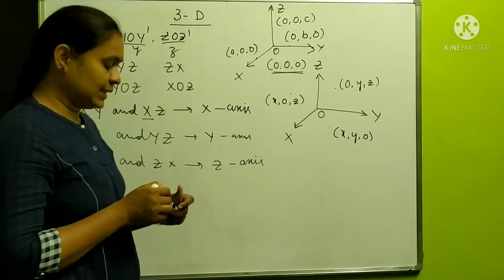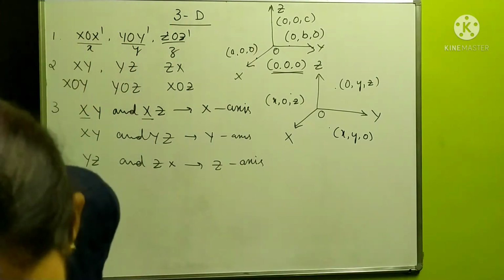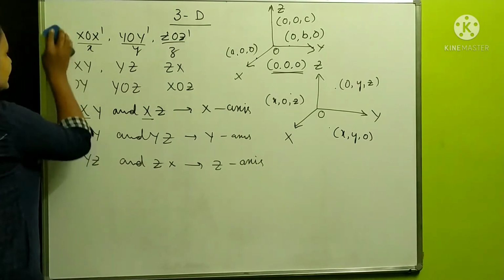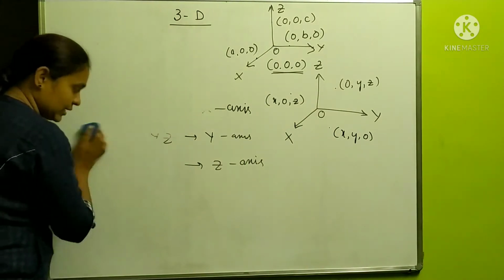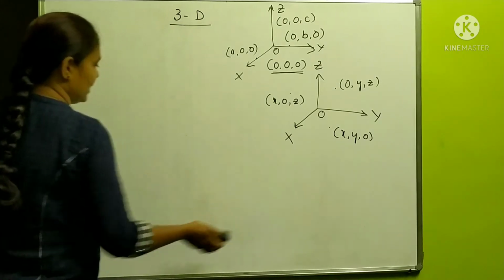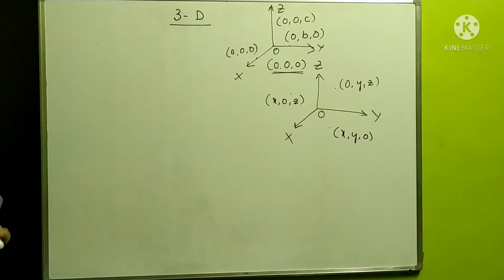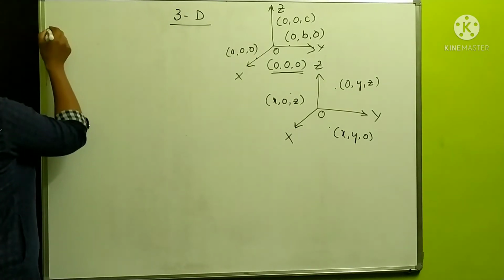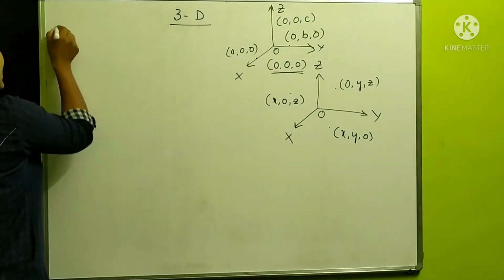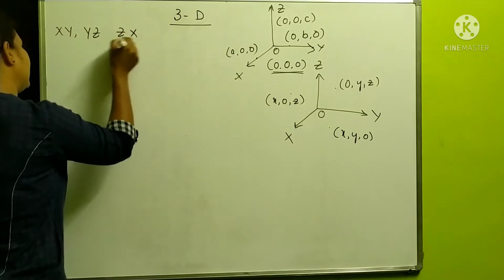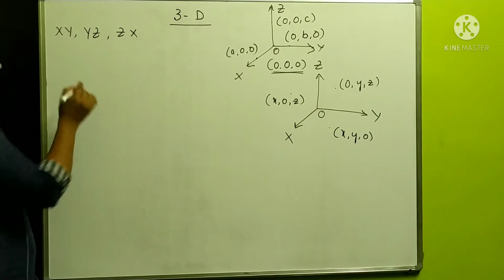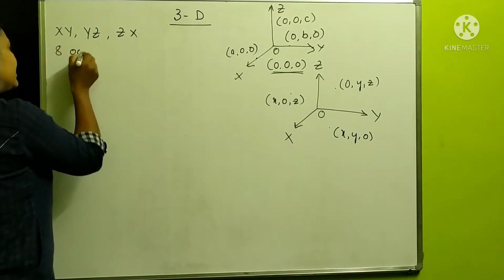Next, I'll move to the equation of the x-axis. Before that, let me tell you about this. These three planes, that is XY plane, YZ plane and ZX plane, divide the space into 8 octants.